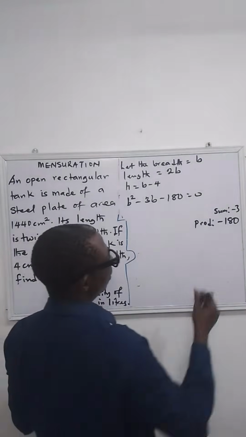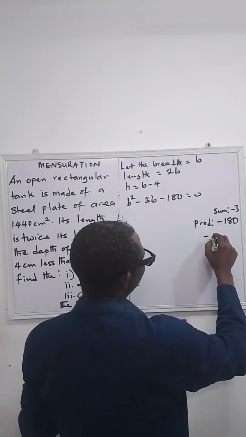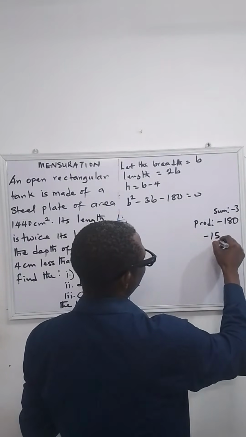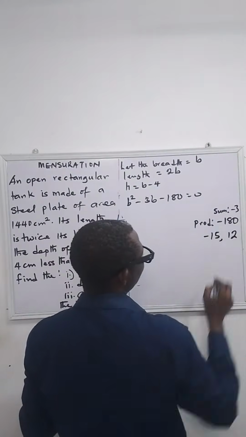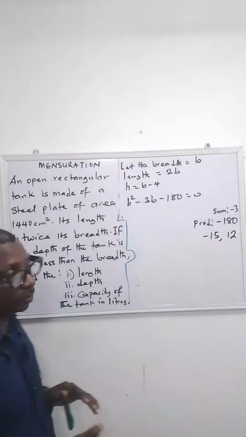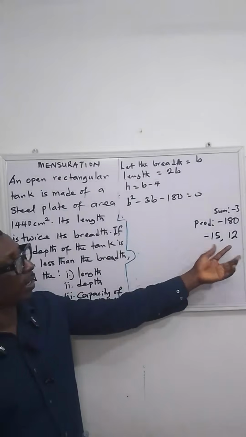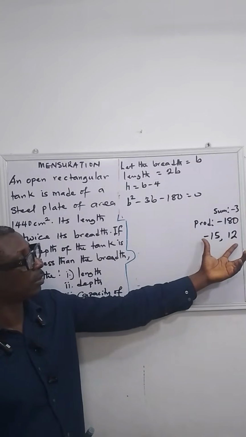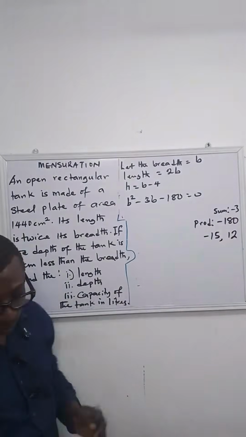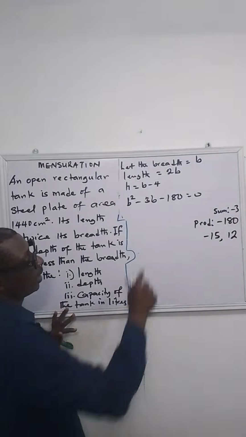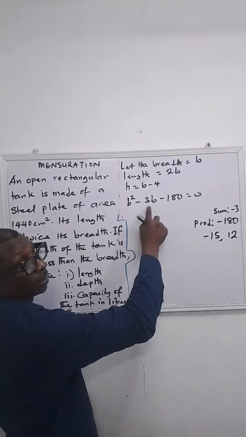Let's see. Okay, so we have negative 15 and 12. So this is what you're going to have if you do it correctly. When you multiply this together, you have this. When this is added together, you have this. So what is changing here is our negative 3b.